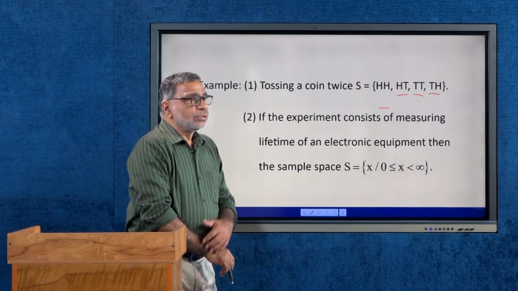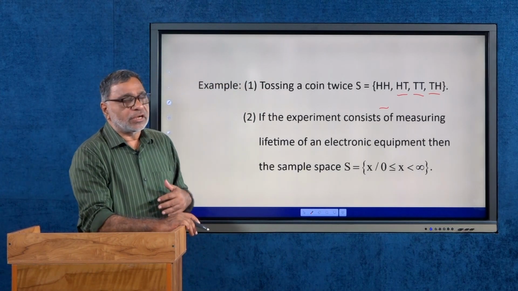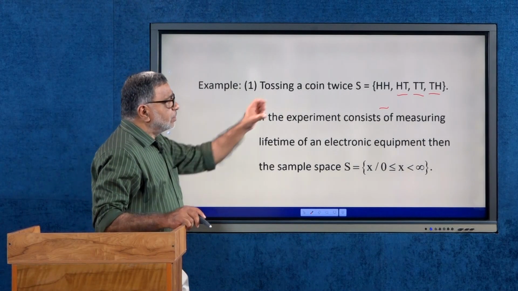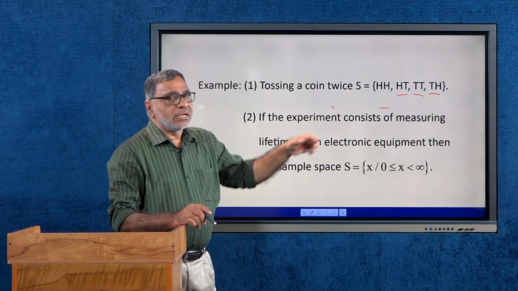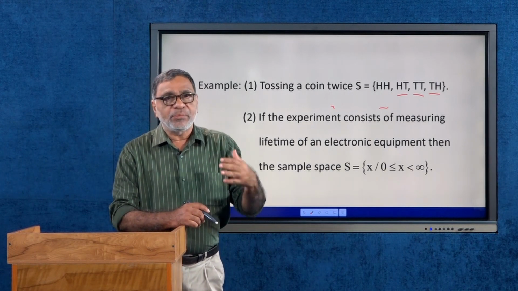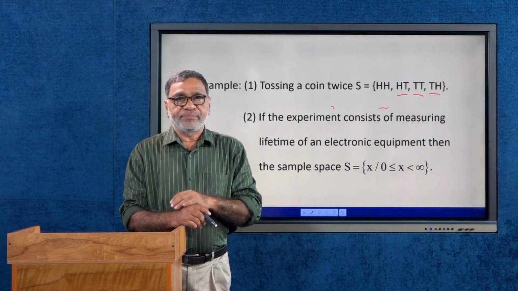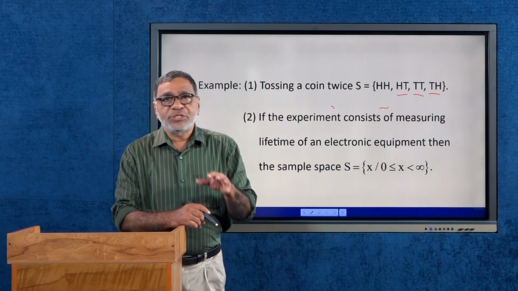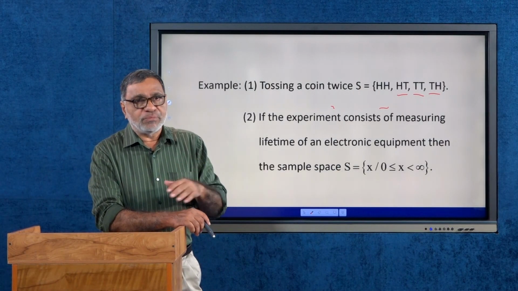So, these are the possible outcomes of the random experiment. And so, S is the set consisting of all possible outcomes of the random experiment of tossing two coins. This sample space consists of 4 outcomes.